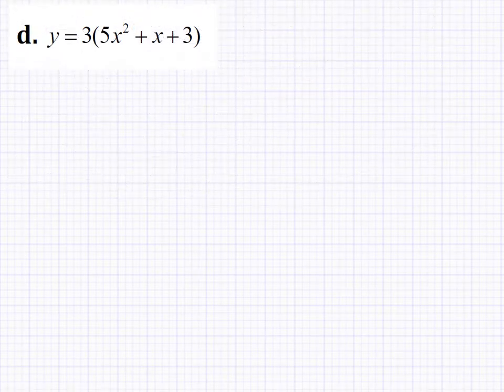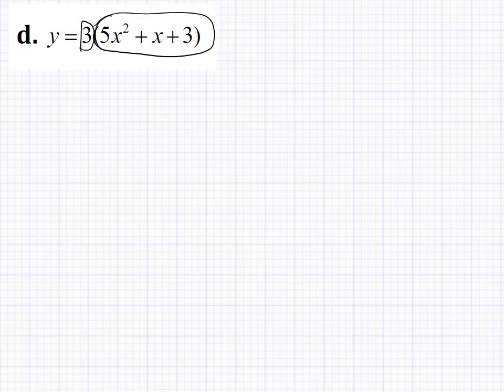Here's another example. Now on this one, I'm not really going to use the product rule. I'll show you how it would be done with the product rule, but I wouldn't expect anyone to use the product rule for this one. Now you think of it as a product. 3 is the first piece, 5x squared plus x plus 3 is the second piece. But it's not just any old product. This is a constant multiple product.